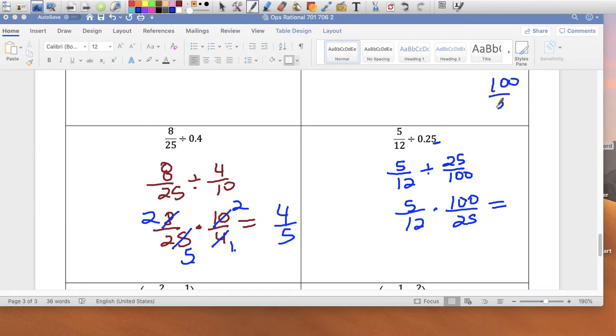So I'm going to divide by 25. 25 divided by 25 is 1. 100 divided by 25 is 4. Right? And then we can do 4 and 12. 4 divided by 4 is 1. 12 divided by 4 is 3. 5 times 1 is 5. 3 times 1 is 3.